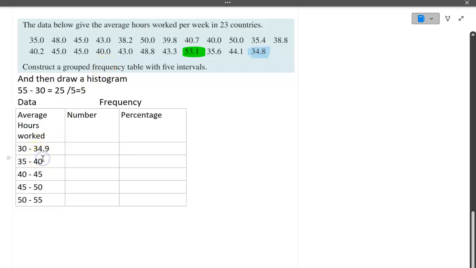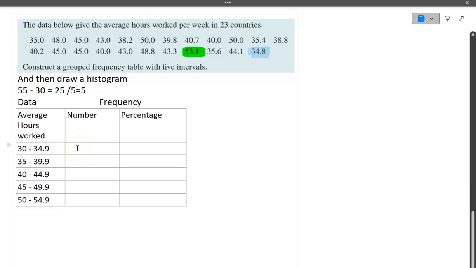So better to write 39.9, 44.9, 49.9, and 54.9. Just see, 34.9 becomes 35 there, 39.9 becomes 40 here, 44.9 becomes 45 here, 49.9 becomes 50 here. Good. So that is an easy way of remembering things.